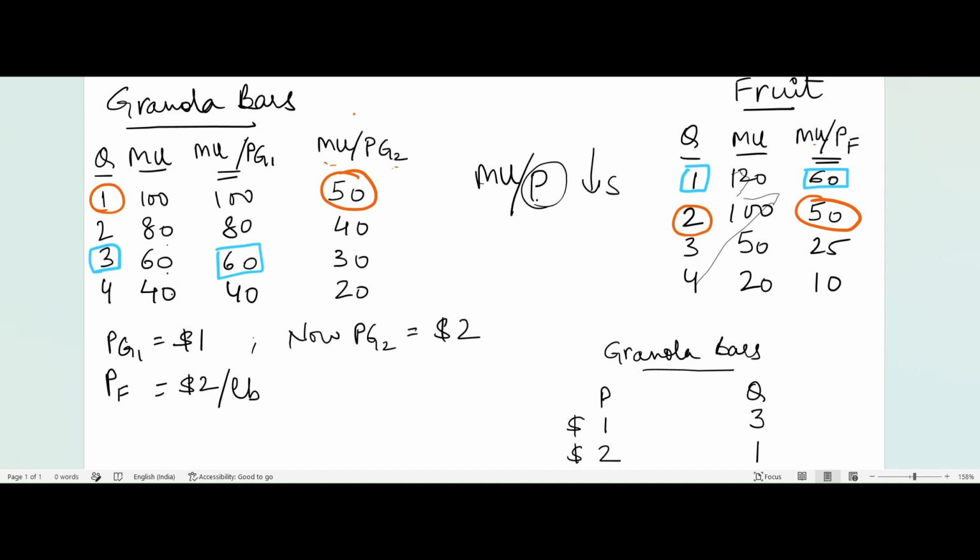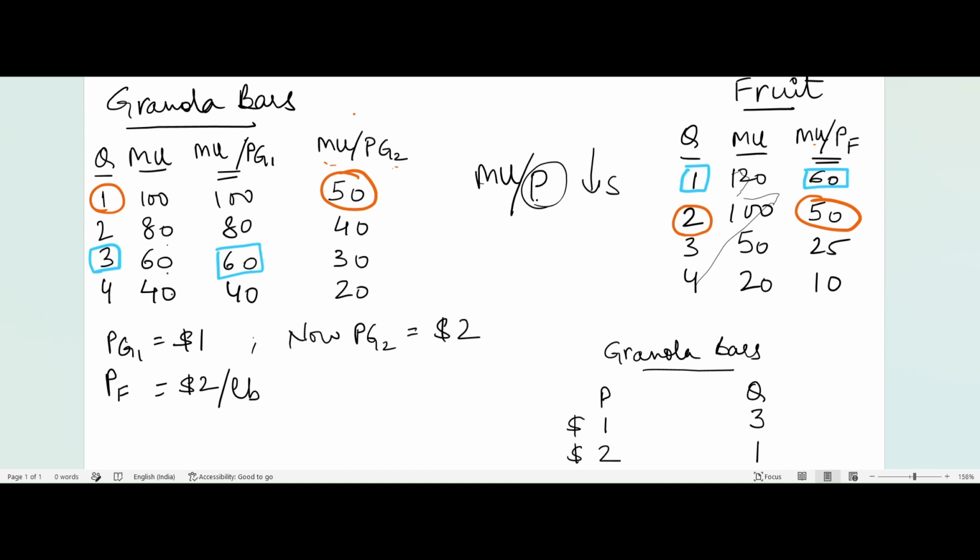And when it goes down, the consumption of that product by the consumer also goes down, because now the consumer is deriving less marginal utility from the product. So obviously he'll be demanding less of that product in the market. That is why the quantity demanded falls with the increase in the price of the product.